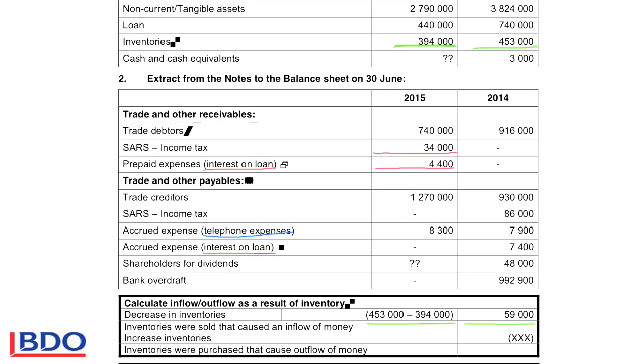If the inventories increase, it means that we bought more inventories, and if we purchase more inventories, we have to pay for the inventory, then there will be an outflow of money. So if the current year is more than the previous year, more inventory was purchased, and that caused an outflow of money.